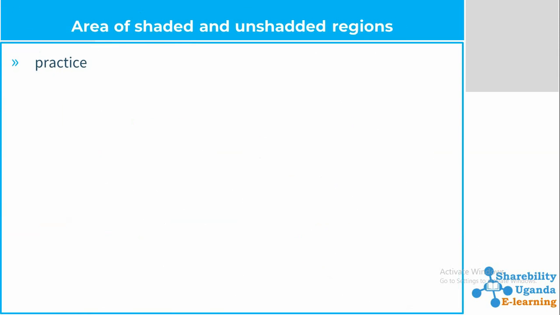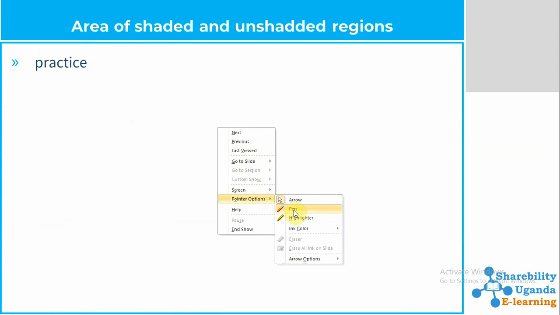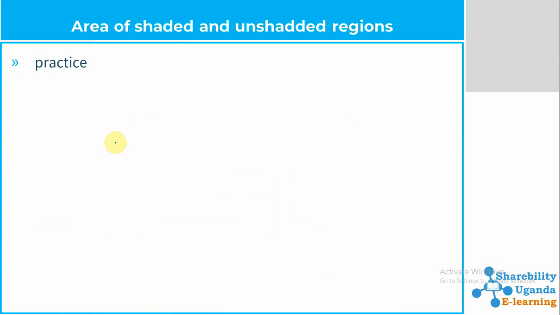Okay, so in this we are going to try out some examples. We are having our rectangle here, I mean our triangle here. This is a rectangle.